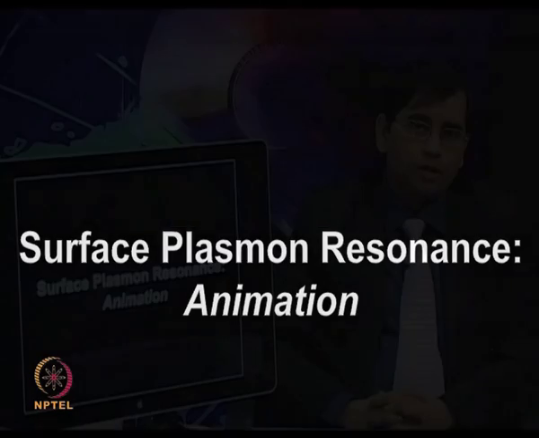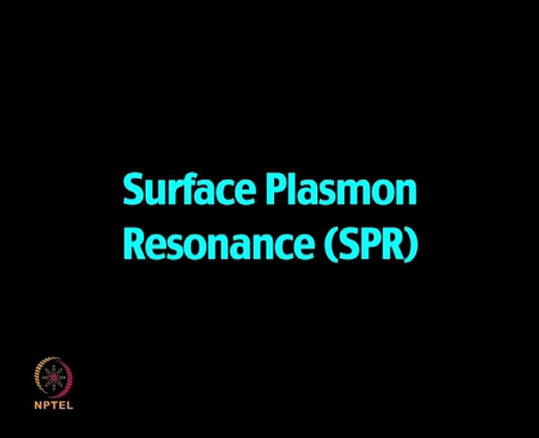After discussion of some of the basic concepts, I think this animation will help you to further clarify the optics and various concepts involved in surface plasmon resonance. Surface plasmon resonance. SPR is a highly sensitive spectroscopic tool that is increasingly being used for label-free detection studies.